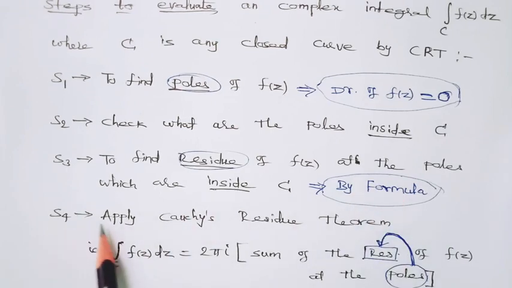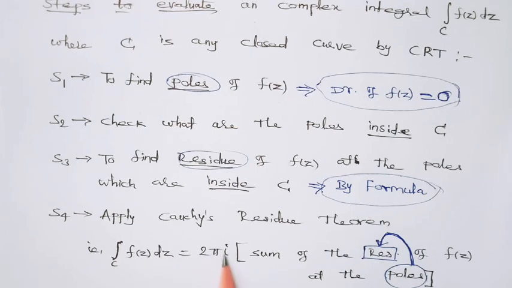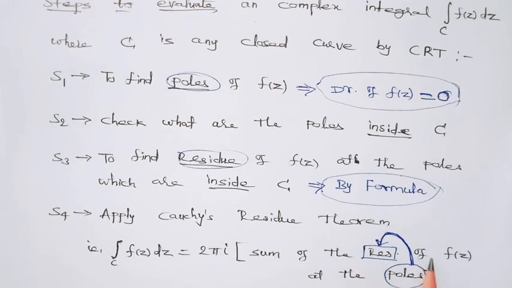Now the last step: apply Cauchy's residue theorem. The statement is: the integral over C of f of z dz is equal to 2 pi i times the sum of the residues of f of z at the poles. So remember, if you want to find the residue, first you need to find the poles by equating the denominator with 0.